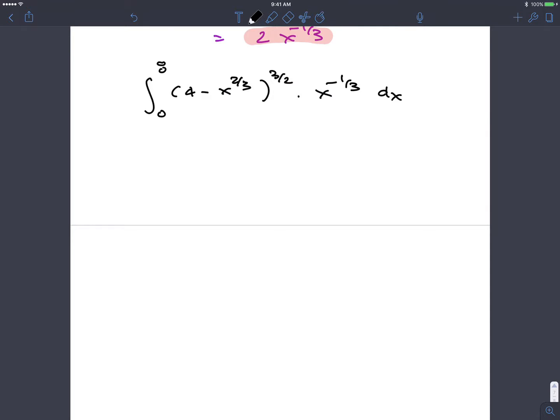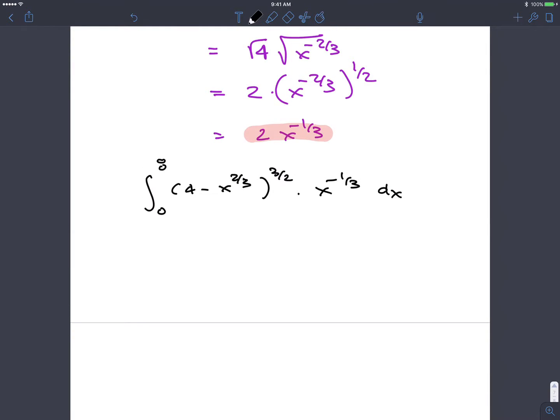Let's double check. I think there's a 2 there, right? Are we missing a 2? Well, we're missing a couple of things. Let's go back. The 2 is there, and we have a 2 pi there. So this is what we're going to use for our ds, at least partly.